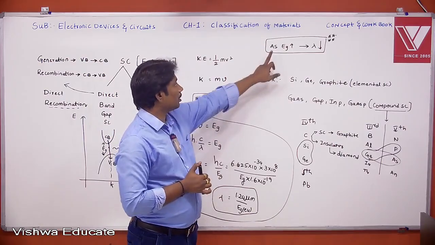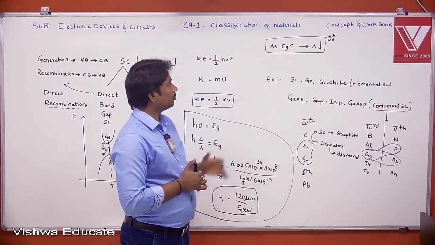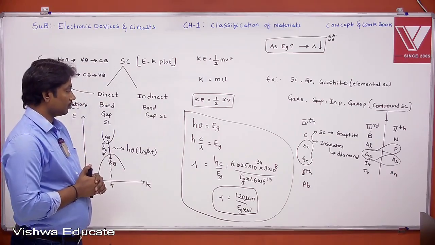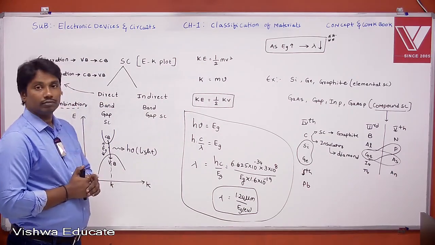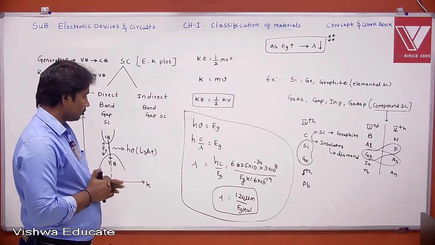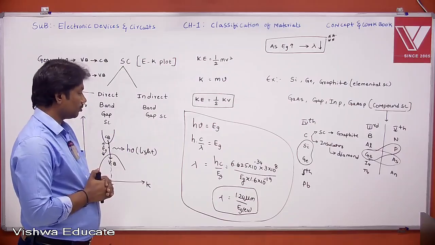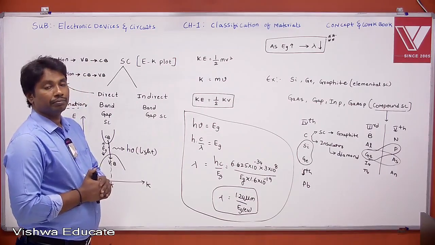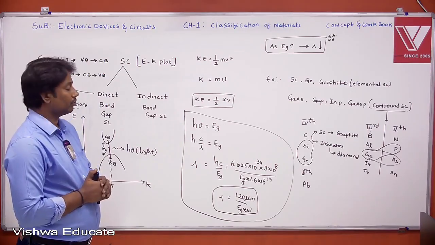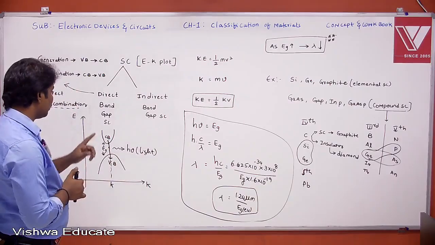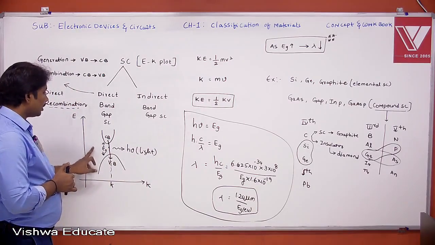After this, you can write down this one. After completion of that one, write down the EK plot for direct band gap semiconductor.